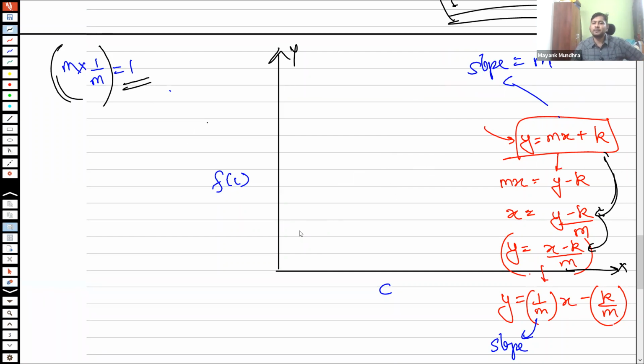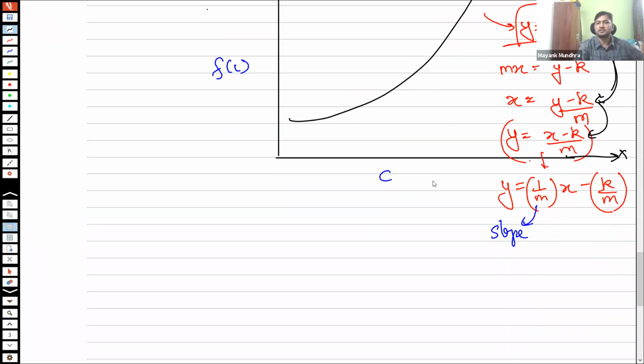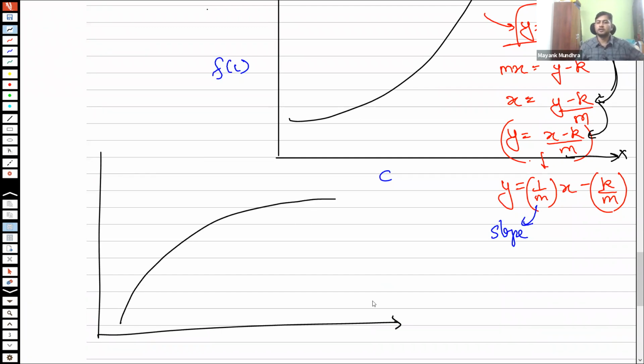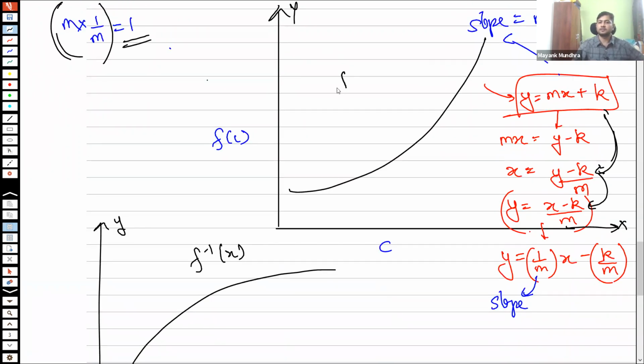Now, if you take any particular graph which looks like this, let's say this is the graph of any one-to-one function. So when this is x and this is y, it would look like this. Now, if you were to convert this as your x-axis and this as your y-axis, the function will start looking like this. This will be the function f inverse of x, if this is your f of x.